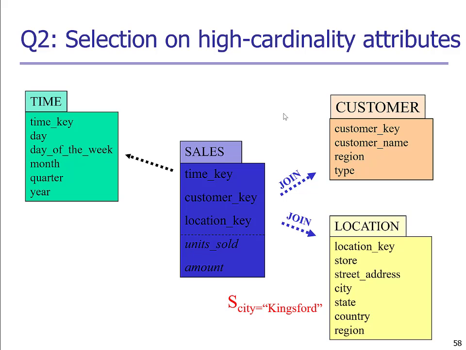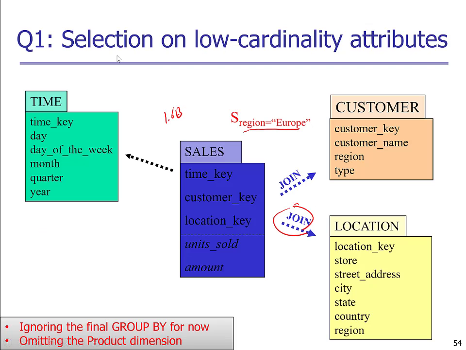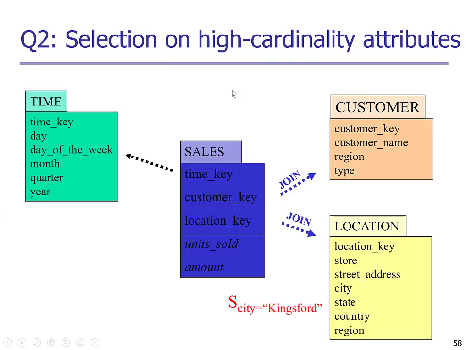So yesterday we finished the first case where we do the selection on low cardinality attributes, and now let's look at another case where we consider the selection on high cardinality attributes.